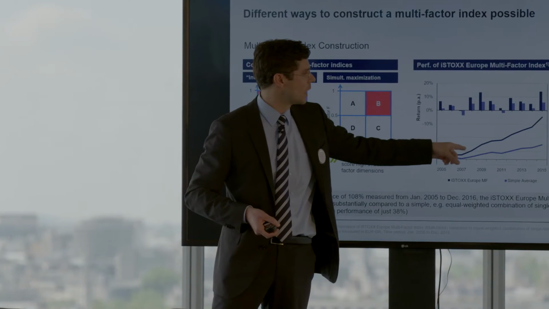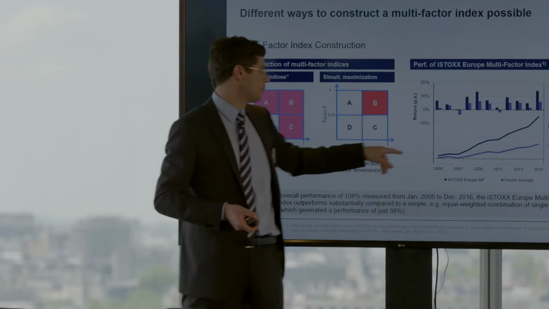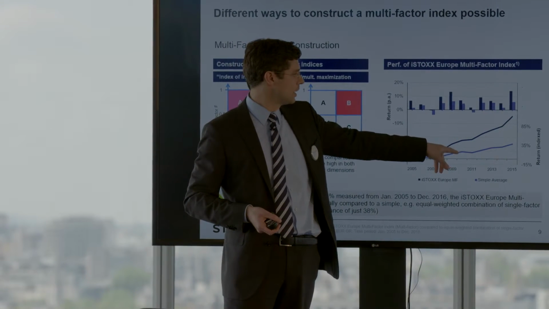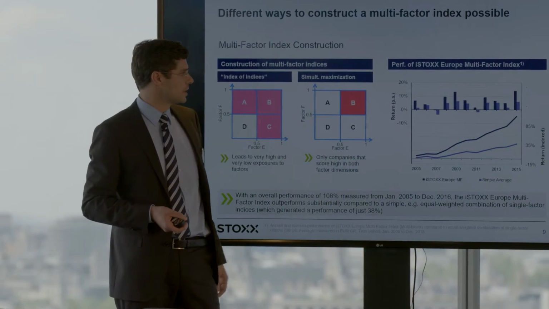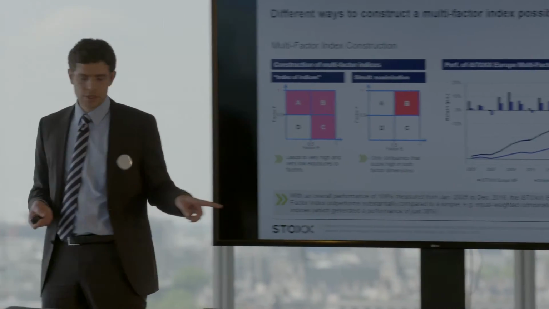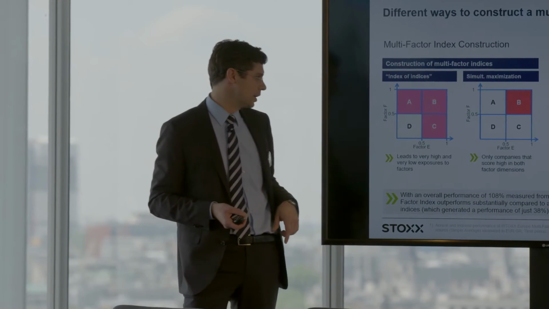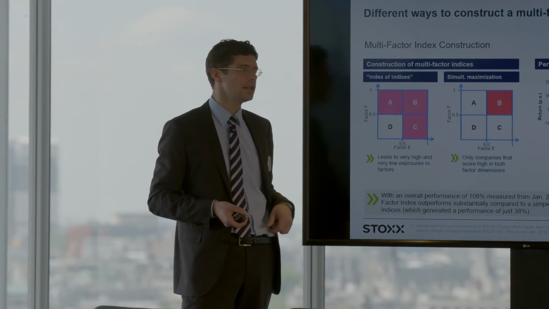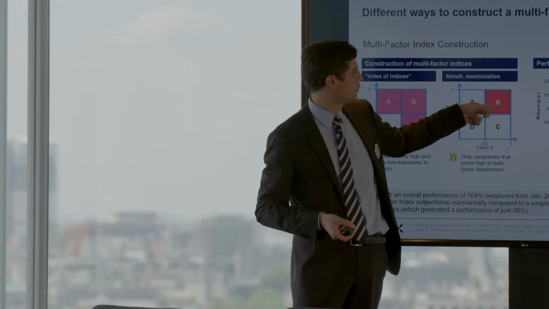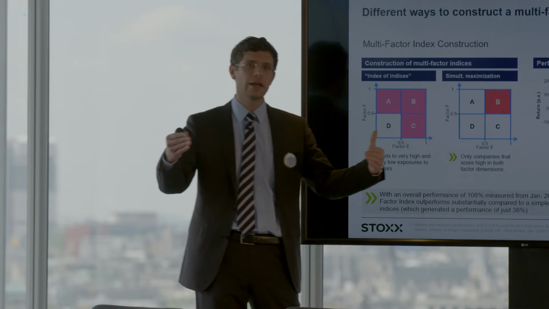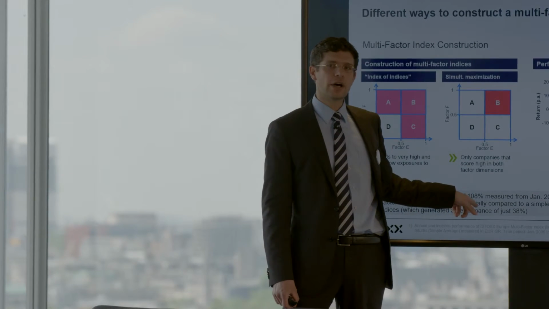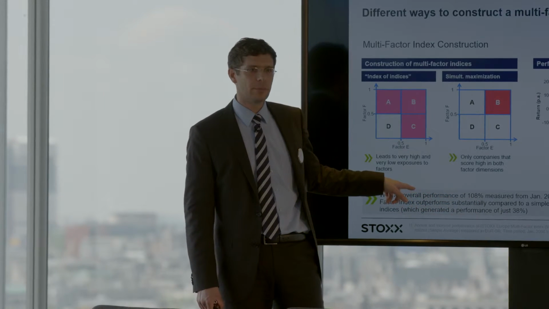As we see here on the right-hand side, I plotted the performance for an equally weighted average of factor indices, which would have yielded over the course of the last 12 years a total return of about 38%, whereas the attempt to focus more on those stocks that fall in this intersection, that load very heavily on more than one risk factor, would have yielded a performance of 110% over the same time period.